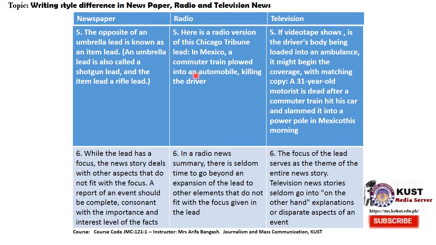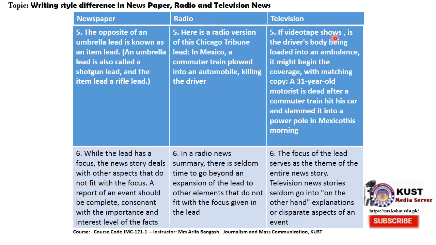Now, as compared with radio, here is a radio version of this Chicago Tribune lead. A commuter train plowed into an automobile, killing the driver, the age of the driver, loss of electrical power, and some of the other details would go into subsequent sentences. Now we compare with television.